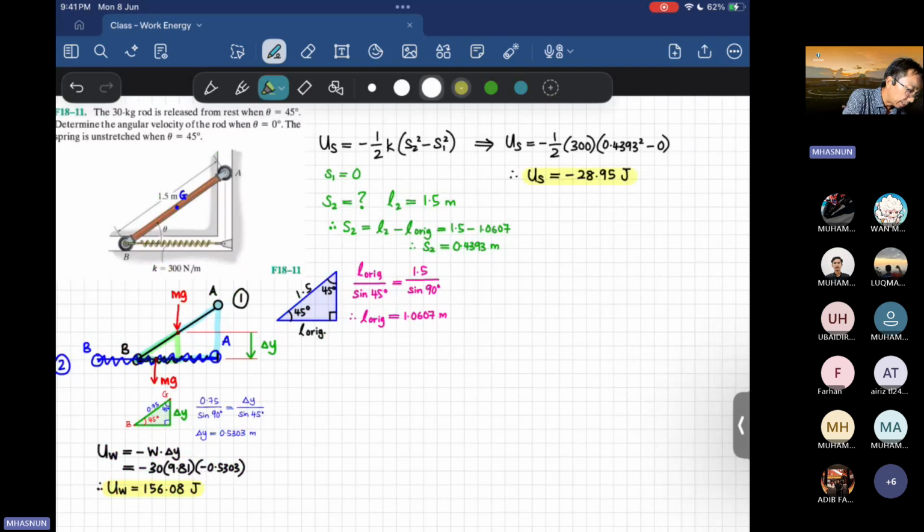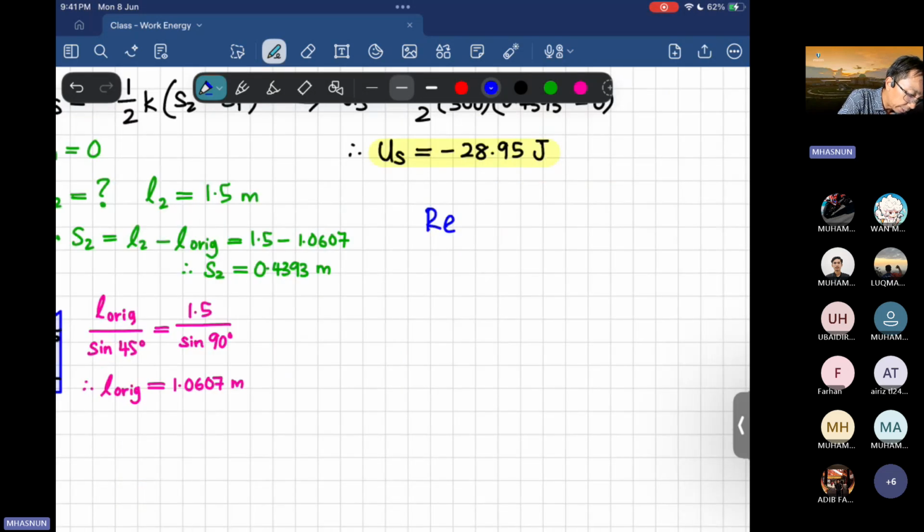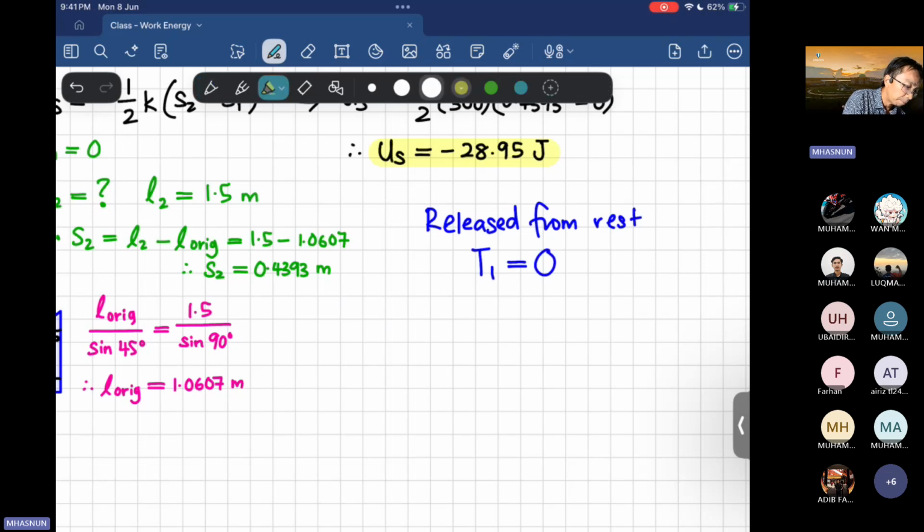Okay, the next step, same like what we did before. It says release from rest. Okay, so it says released from rest. So we know that initial kinetic energy T1 is equal to 0. Okay, so this is our next important information.